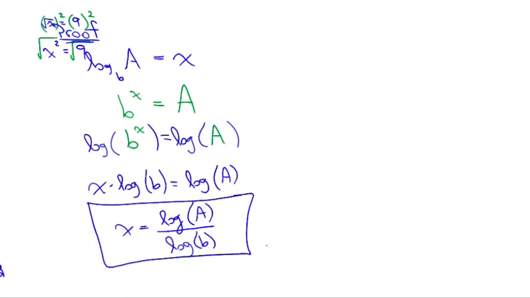So, for example, if I'm trying to evaluate log base 7 of 57, what's it equal to in a calculator? This is called the change of base formula.